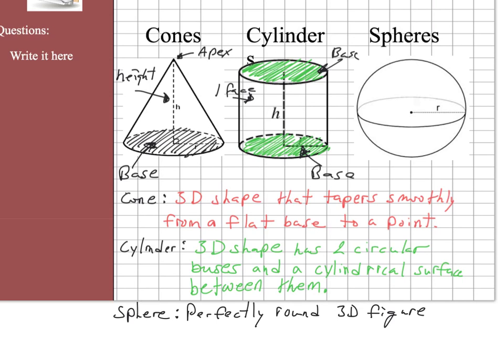As Sphereus said in Flatland, "I am the perfect circle." Right? Most perfect circle because it is an infinite number of circles stacked on top of each other. Okay, perfectly round 3D figure. It has no edges, no vertices, and a face.